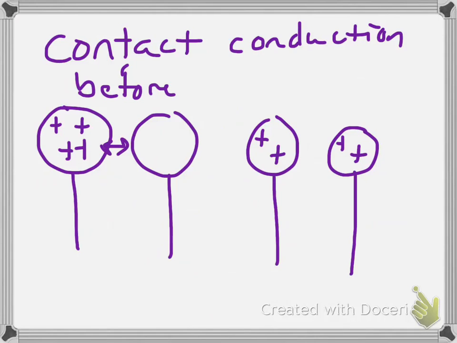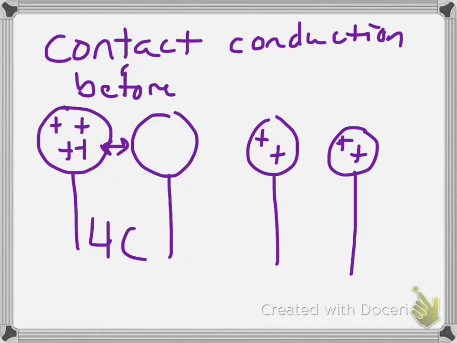Now, one of the ways that we can figure out what the charge on each of these would be is if we take this total charge, let's say, and this is not correct, but let's say this is 4 coulombs before they touch. In order to find out the final charge on each of them, we just simply find the average. So divide those by 2.